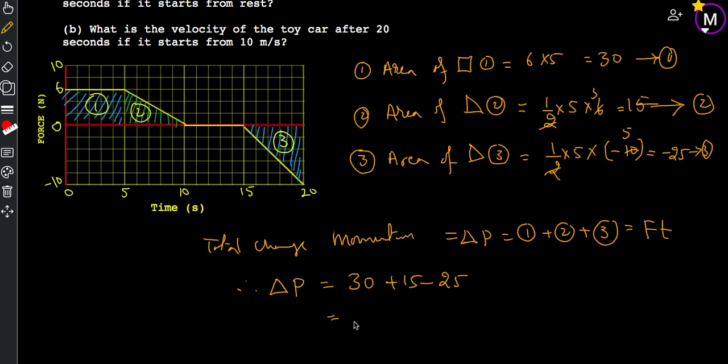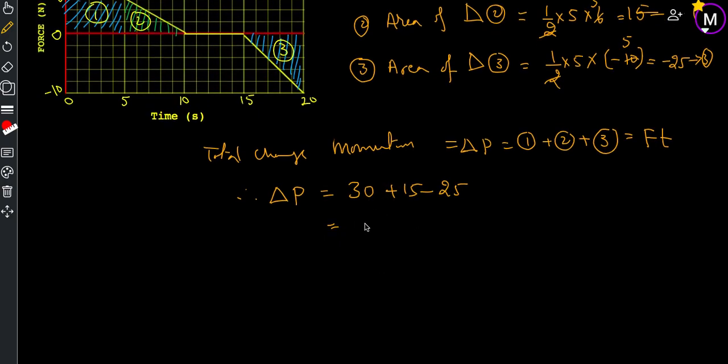So this is equal to 20. Since it is delta P, we have to write units: kilogram meter per second. The total change in momentum from 0 to 20 seconds is 20 kilogram meter per second, or we can write the other unit, Newton second, also.